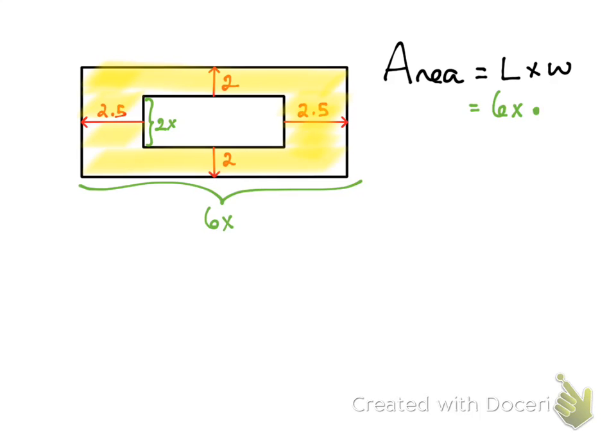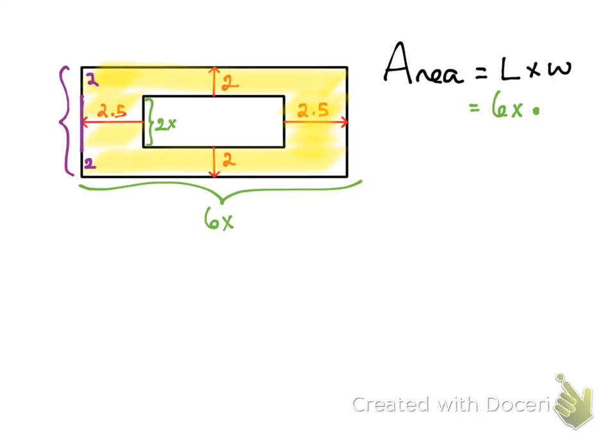Good, so 6x is my length. Now I need my width. I'm going to write it in purple, the width is going to be this thing here. So it looks like the height of the rectangle, I'm calling that the width. Now, the width of this rectangle here is going to be at least this big here, which is 2x, plus 2 up here, plus 2 down here.